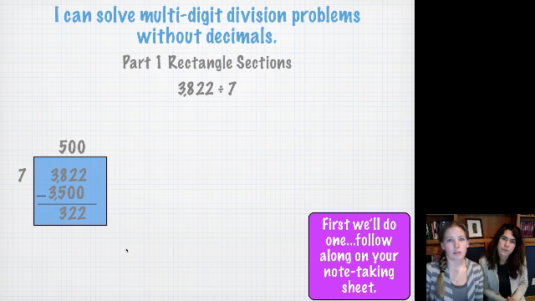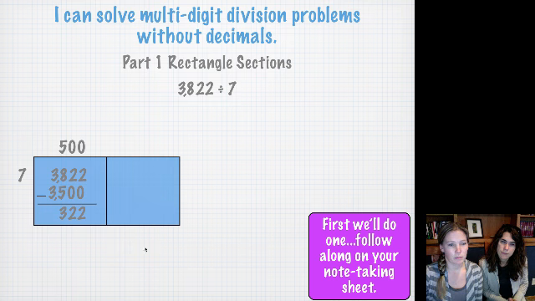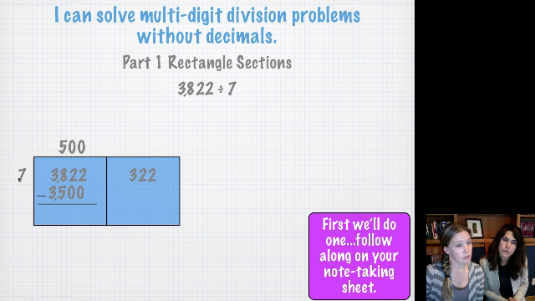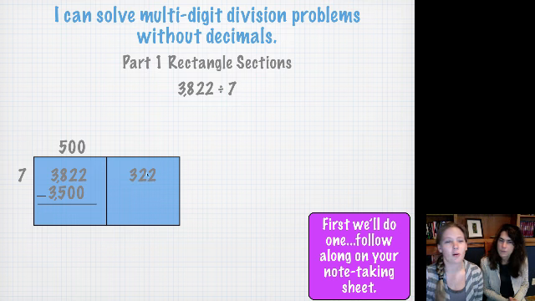And then here's where the rectangle sections comes, because now we add another rectangle. So we add that and we just move what our subtraction problem was up here to the top. Now I'm still using this number, 7, but now I'm thinking, how many times does it go into 322? And again, that's an awfully large number. So I'm going to again just look at the first couple numbers, 32.